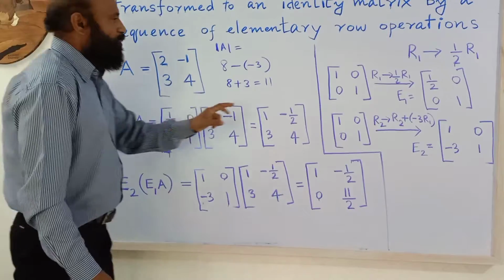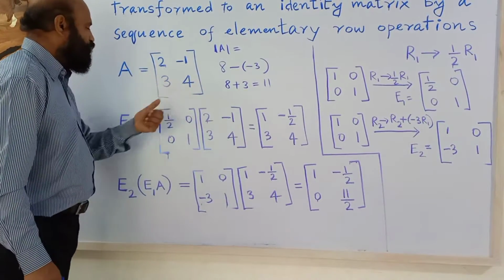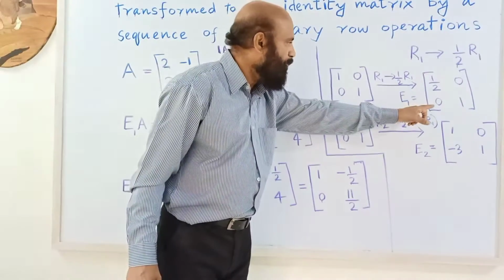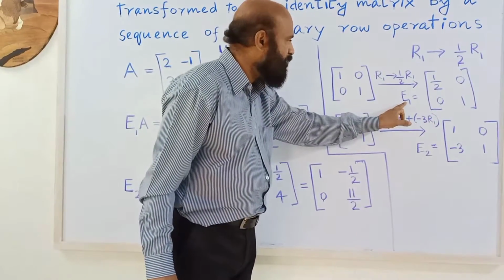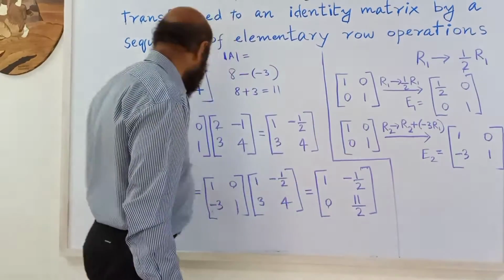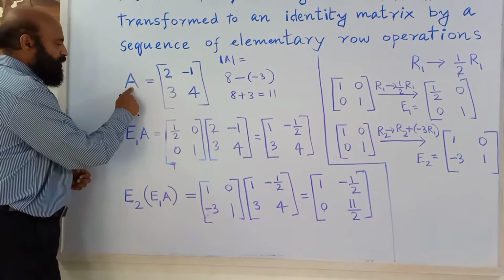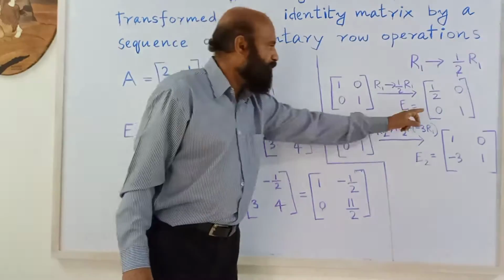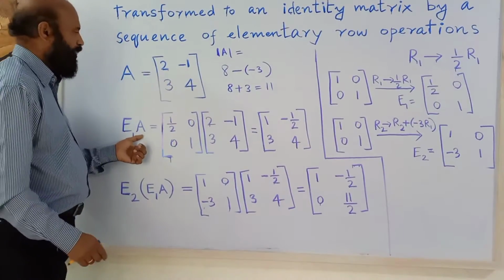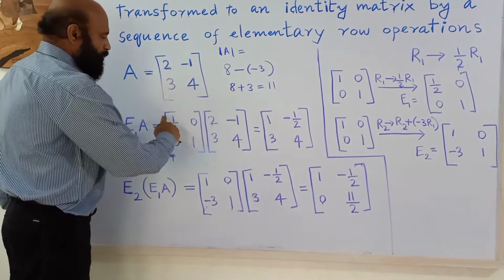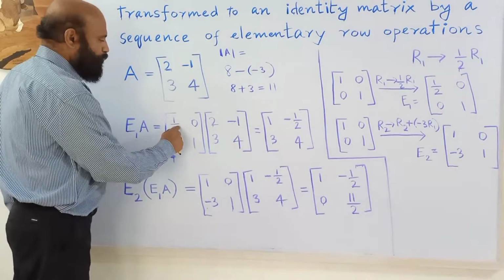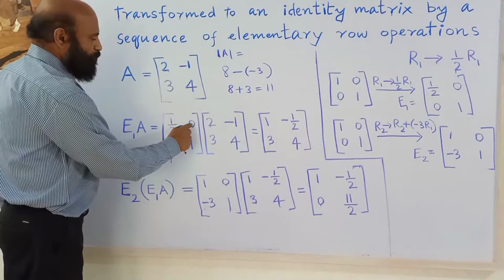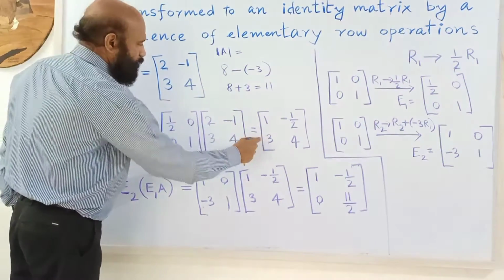Now the given matrix is to be pre-multiplied by this elementary matrix. For this elementary matrix, let us give the name E1. So the given matrix is A, that is to be pre-multiplied by this elementary matrix. So E1A. So you multiply this half into 2, it is 1 plus 0 into 3, 0.